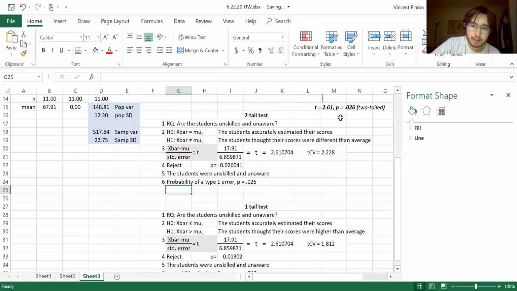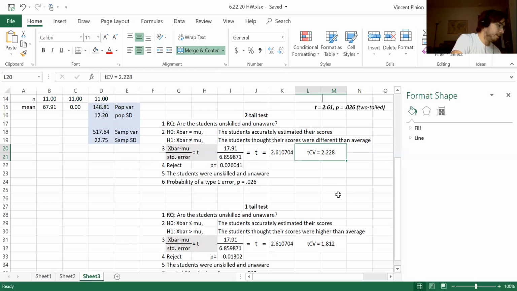So where I got 2.228, I went to, it's going to be hard to read, level of significance for a two-tailed test, and then it's 0.05 because we're doing a two-tailed test. So we go to the two-tailed test line, 0.05, and then we scroll down to the appropriate degrees of freedom.